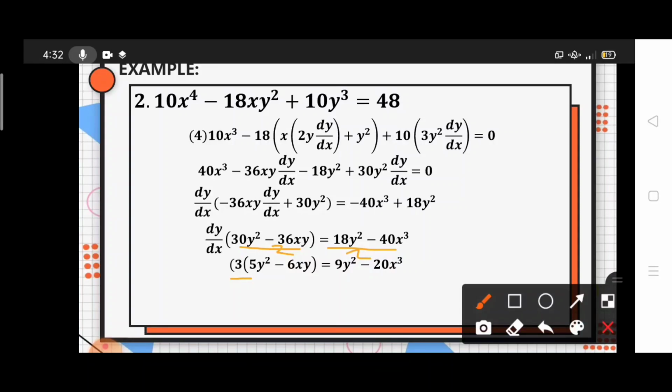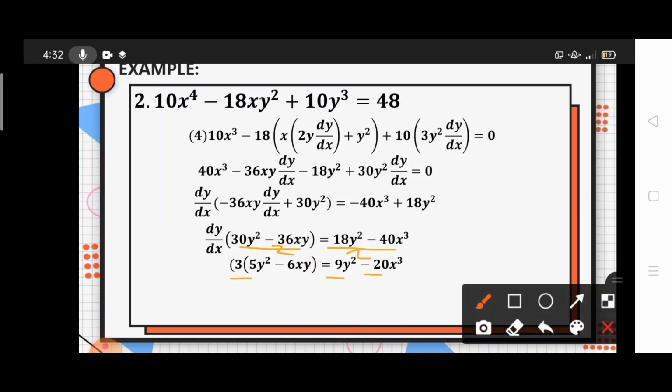And 36xy divided by 2 is 18, or 3 times 6xy. And 18 divided by 2 is 9y squared. And negative 40 divided by 2 is negative 20x cubed.